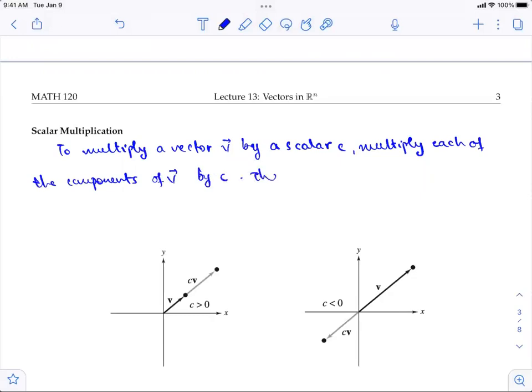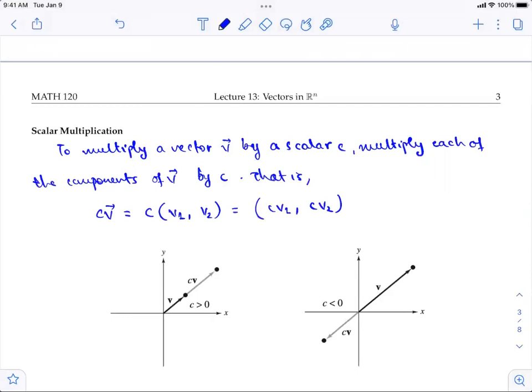So you have c times v is equal to c times (v1, v2), which is equal to (c times v1, c times v2). So c is a scalar. Another word for scalar in this particular case is just some real number, some real constant, right?